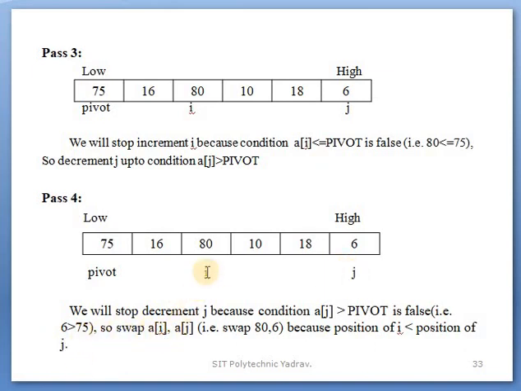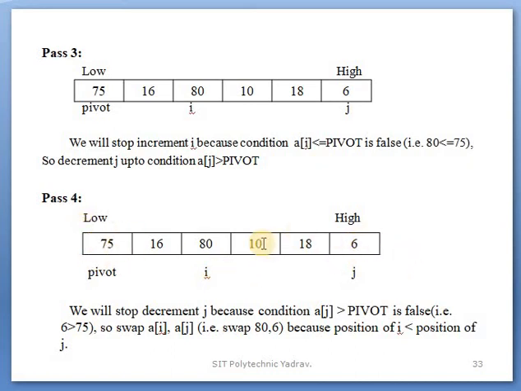So swap a of i and a of j, because the i increment has stopped and the j decrement has stopped. Check if i is less than j, then swap i and j. And when i is greater than j, meaning j has crossed i, at that time swap the jth value and the pivot value.